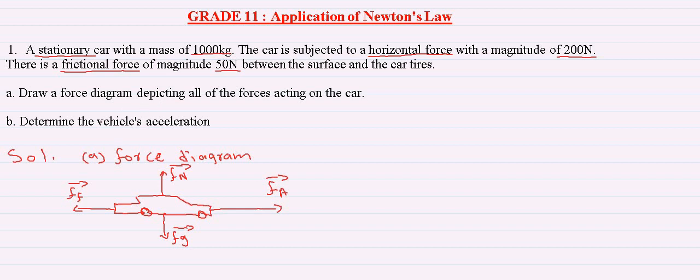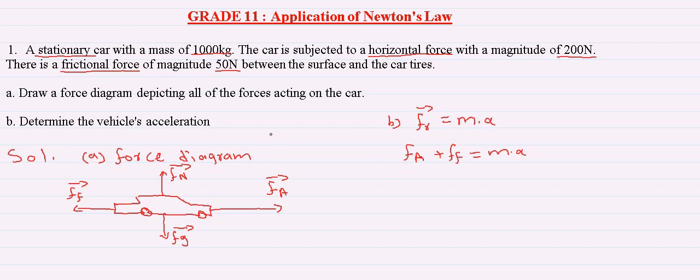Number 2, they said determine the vehicle's acceleration. For us to be able to determine the vehicle's acceleration, if there is a force applied, we need the resultant force, which is equal to mass multiplied by the acceleration. The resultant force is the sum of the applied force plus the frictional force, which equals mass multiplied by the acceleration.